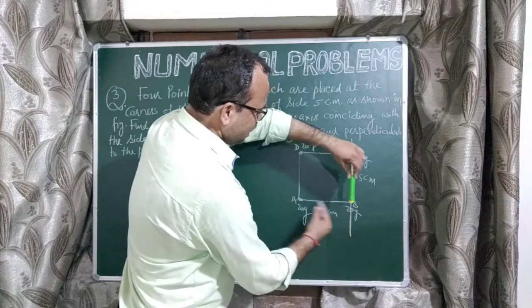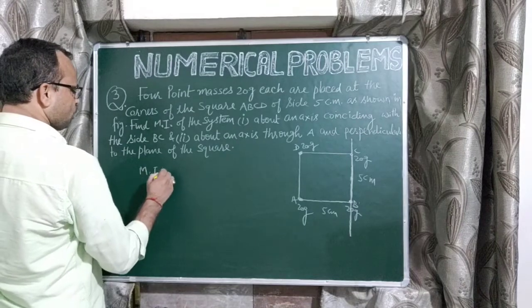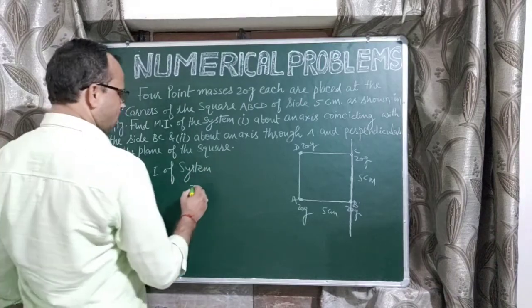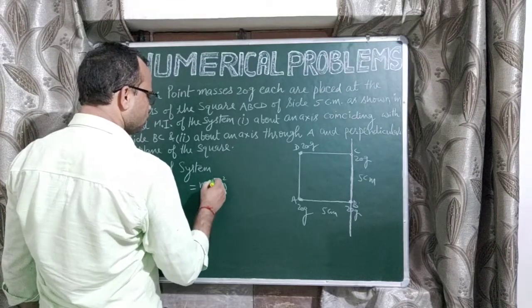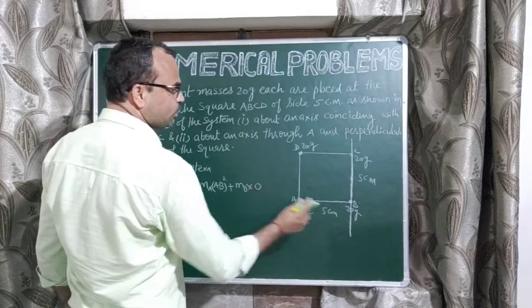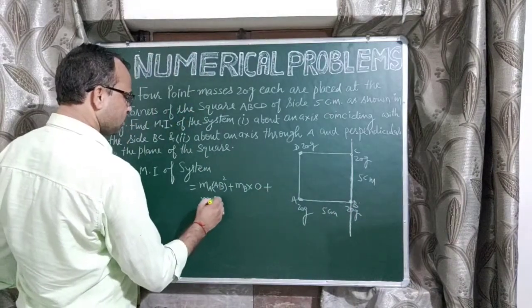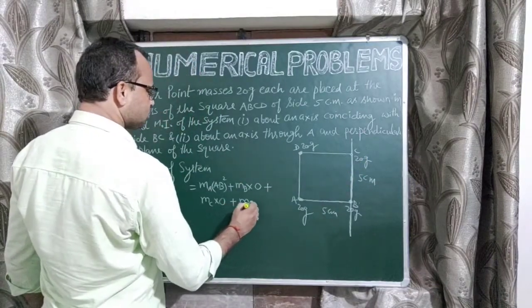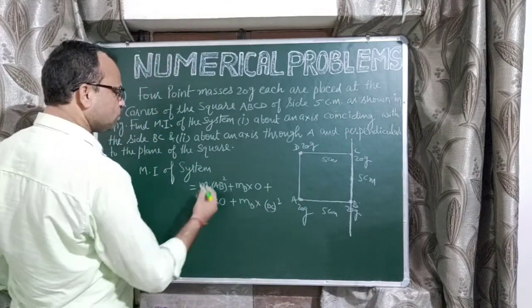So the moment of inertia of the system equals MA into AB square, plus MB, the mass at B, into distance 0 because this mass lies over this axis, plus MC into again 0 because this particle also lies over this axis, plus the mass on D into distance DC square. Clear?